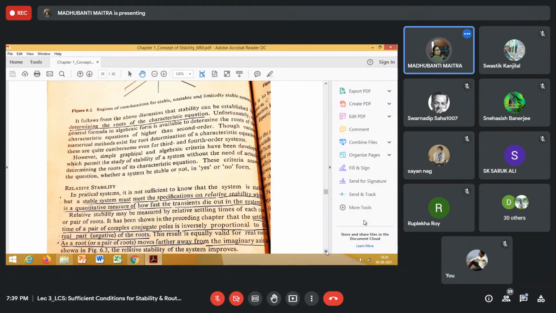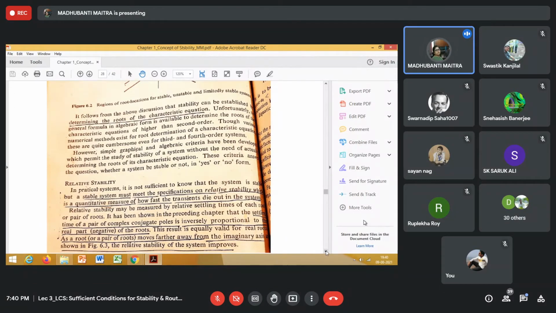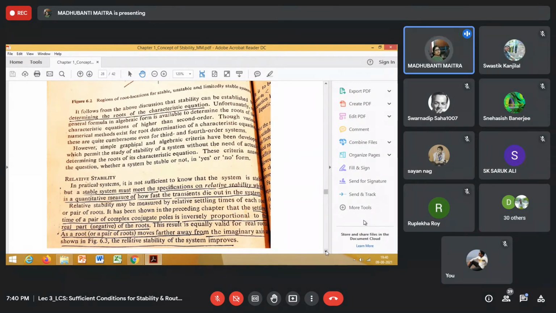There is another very important term associated with the stability of the system, and the term is relative stability. So far, the definitions of different types of stability that we have discussed are qualitative in nature. Is the system absolutely stable with respect to this parameter?